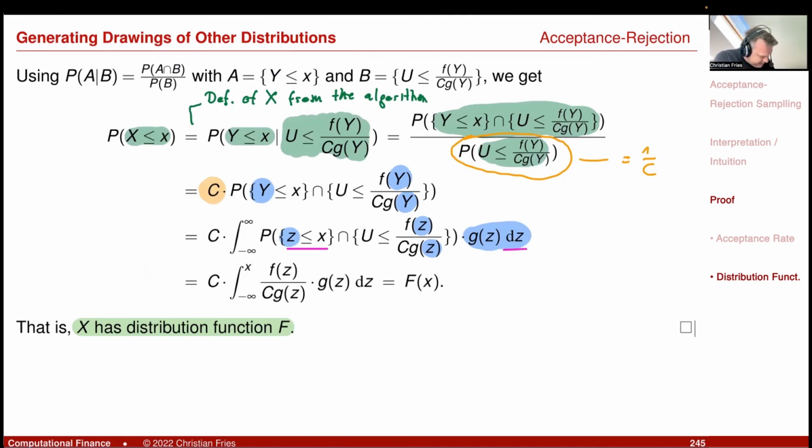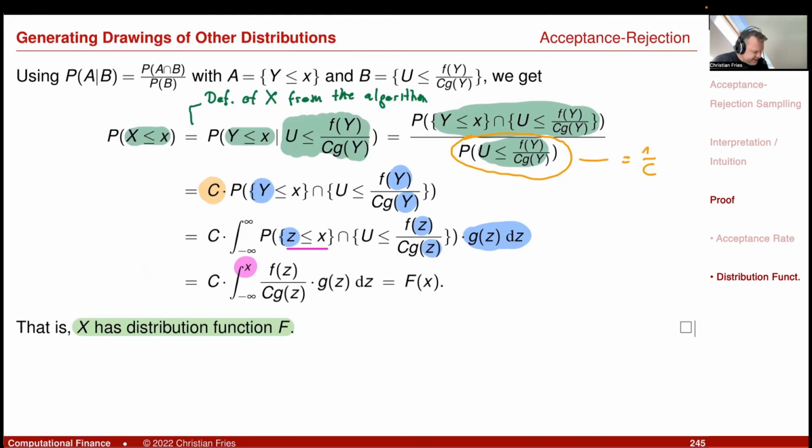That means I can replace this condition that z is less or equal x by taking the upper bound in the integral, and then I can just drop this intersection.